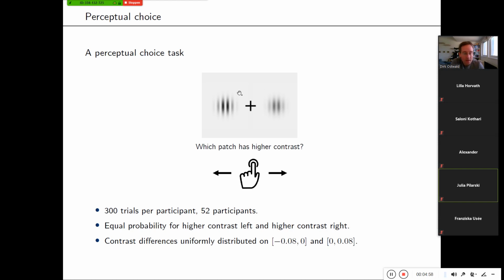And of course, there are different levels of contrast difference. So this is a relatively easy trial where it's clearly visible that this has higher contrast than this. But there are also harder trials where both of them look a little bit like this. If the difference is very small, then it's quite hard. And that is the task.